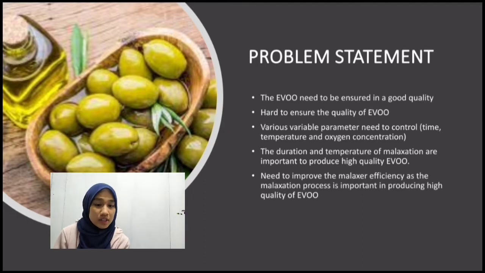In other words, the producer needs to set the exact time and temperature to operate the malaxer. So, heading toward Industry 4.0, it is such a nuisance and complicated for the producer. Therefore, to solve the problem, by applying the SCADA in the malaxer, the best condition can be ensured and the variable parameters controlled to produce high quality EVO.